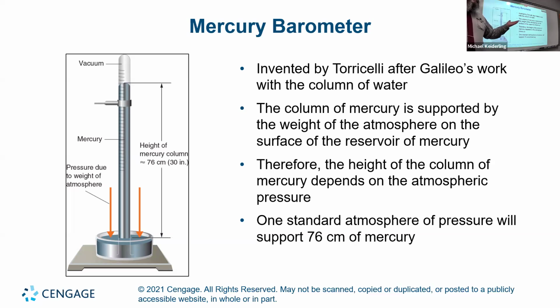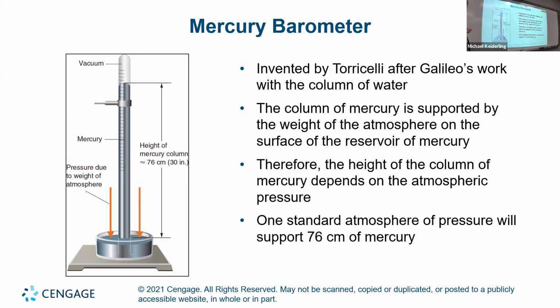If you did it with water, that would have to be over 13 feet tall. Well, a lot more than 13 feet tall. It would have to be 13 and a half times larger, like 400 inches or something like that.